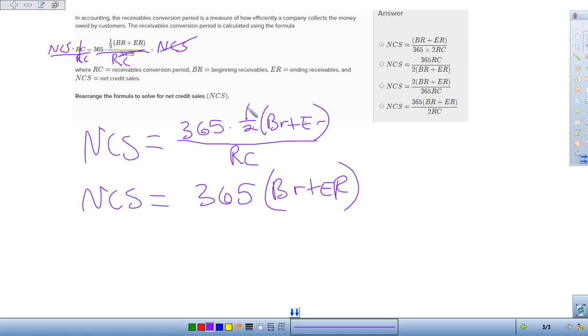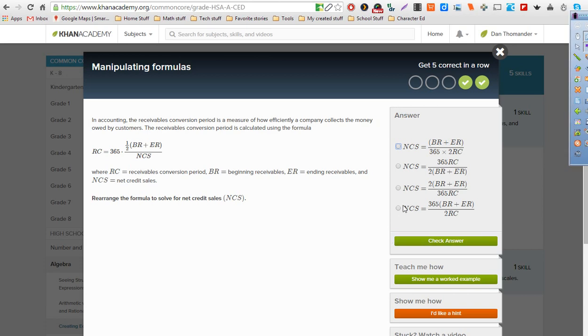The other factor was times 1/2, and times 1/2 is the same thing as divided by 2. So I'm going to just show it as divided by 2. And then, of course, it's also being divided by RC. That gives me 365 times BR plus ER divided by 2RC. So we'll go with that one right there.